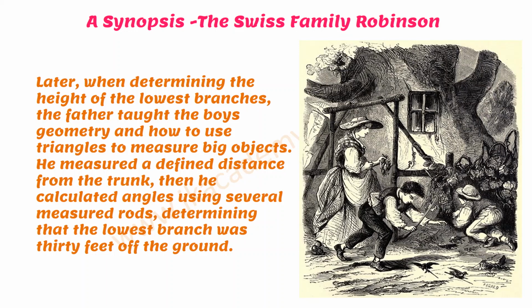So he would take the rods, measure the angles, and with the help of that, calculate other things. That is how he taught the boys, determining that the lowest branch was 30 feet off the ground. So how high was it? It was 30 feet off the ground.